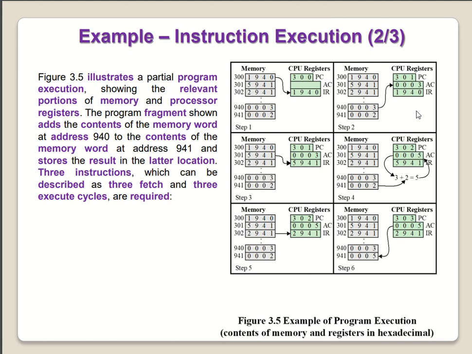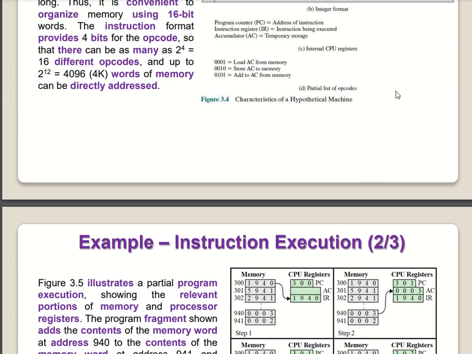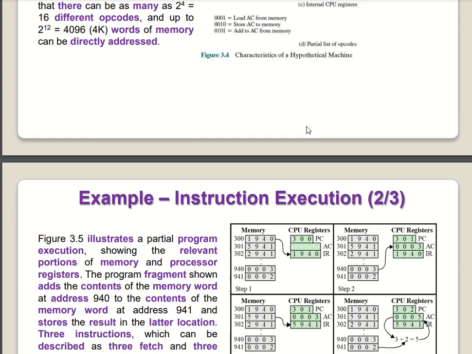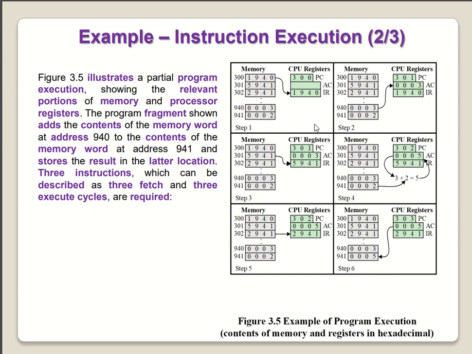The first 4 bits are the opcode, 0001. What does 0001 mean? Load AC from memory.